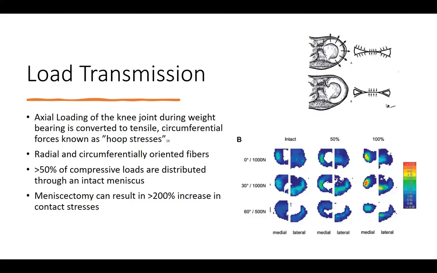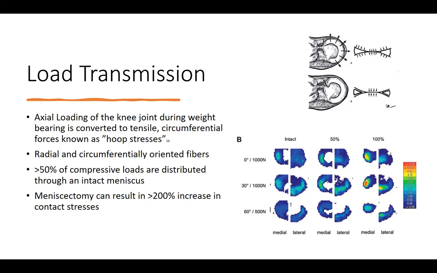The top figure is a rudimentary illustration demonstrating the principle of increased force per unit area as a result of anticipated hoop stresses, which can be seen as a consequence of a root tear or complete posterior horn radial tear. Furthermore, the bottom diagram portrays contact pressures at the tibial plateau at various flexion angles in the setting of an intact versus compromised menisci.